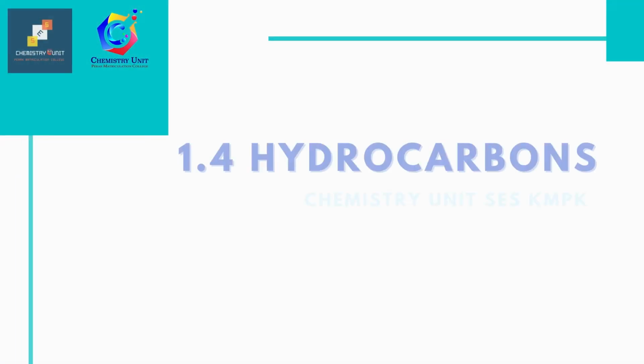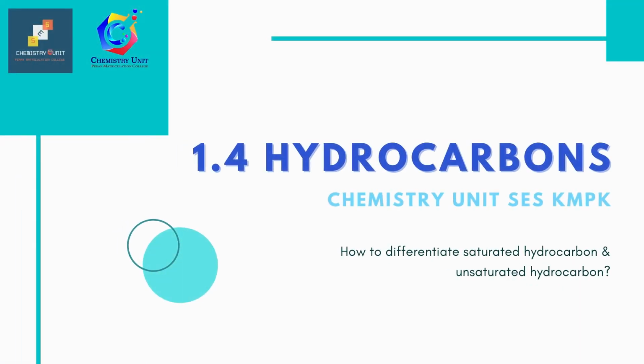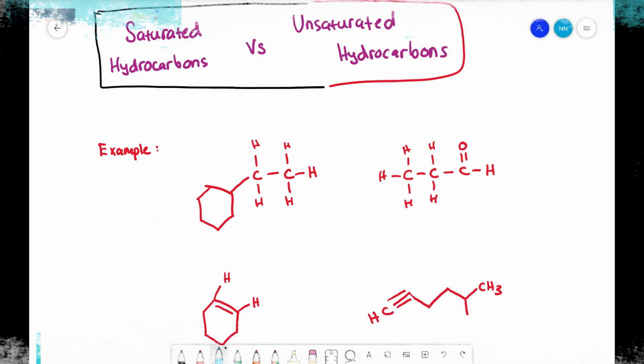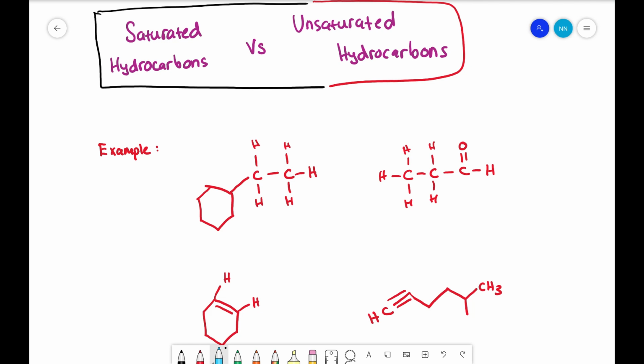Hey guys, today we're going to be learning how to differentiate saturated hydrocarbon and unsaturated hydrocarbon. So now I'm going to show you how to differentiate between saturated hydrocarbons and unsaturated hydrocarbons. We know that saturated hydrocarbons must only contain single bonds around the carbon atom.